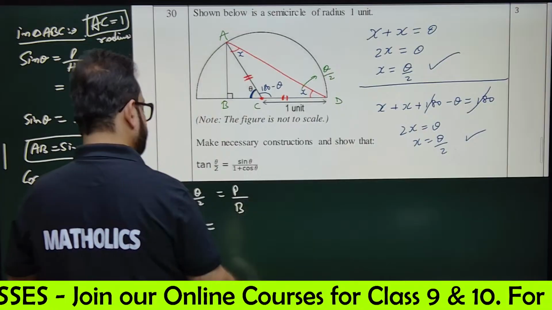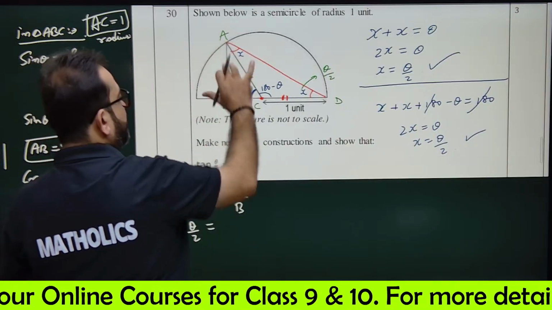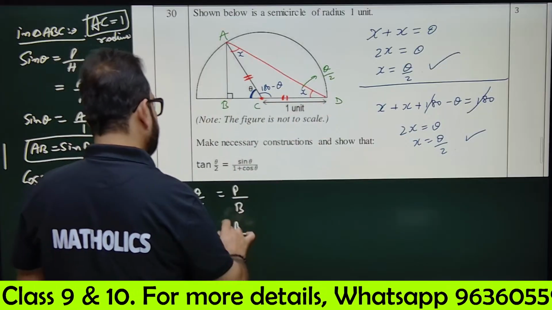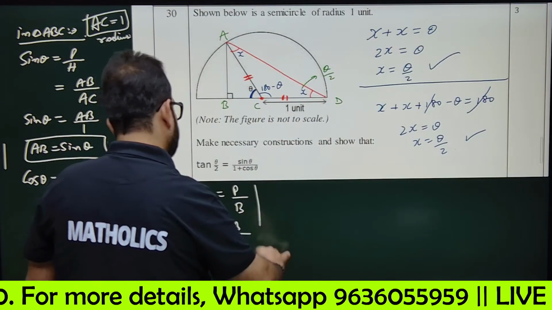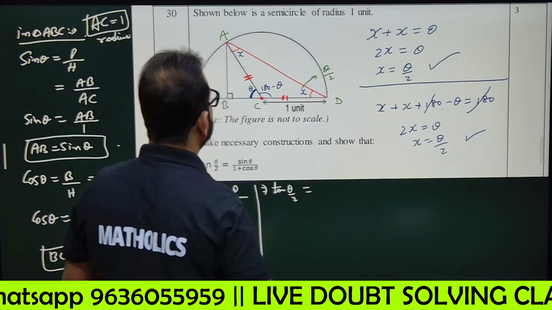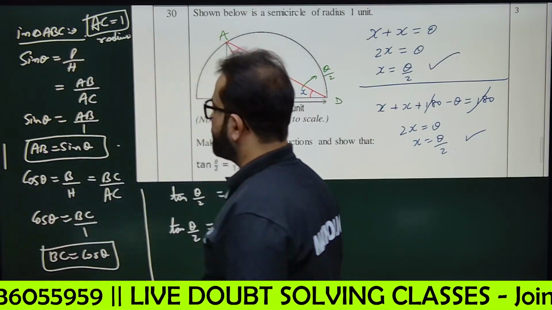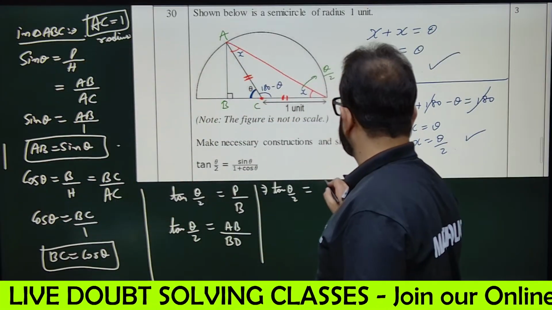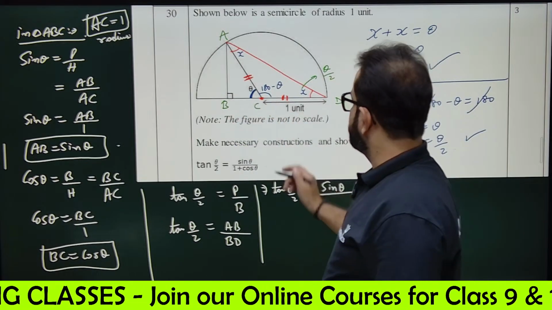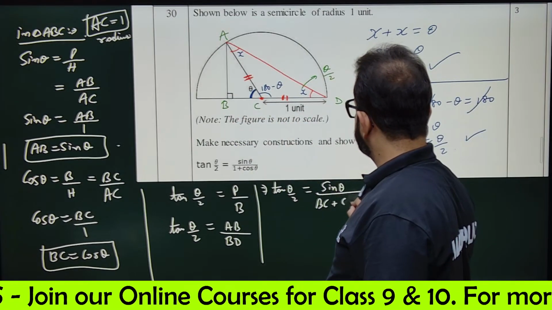Now, perpendicular is AB, right? Base is BD. So we'll write tan theta by 2 equals AB upon BD. The value of AB is sine theta. BD is BC plus CD.